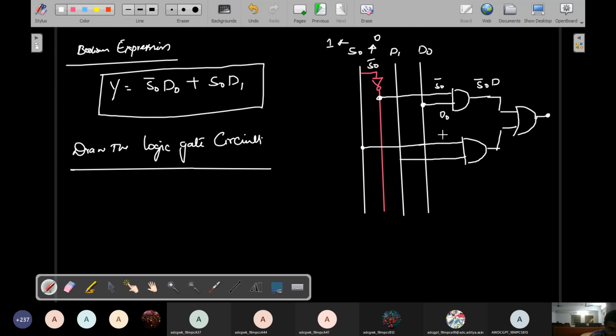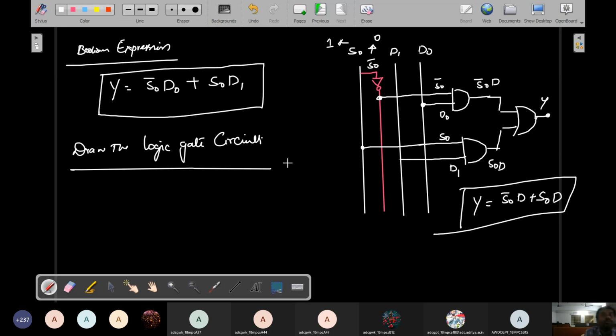So this is S0 and this is D1. Finally both will be added. So y is equal to S0 bar D plus S0 D. So this is your final expression. So this is the operation of a 2:1 multiplexer.